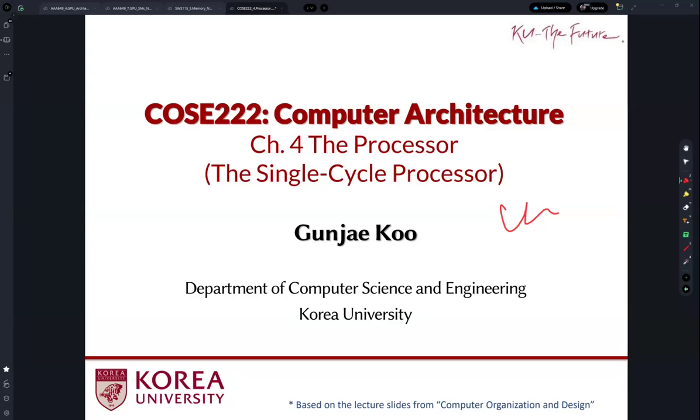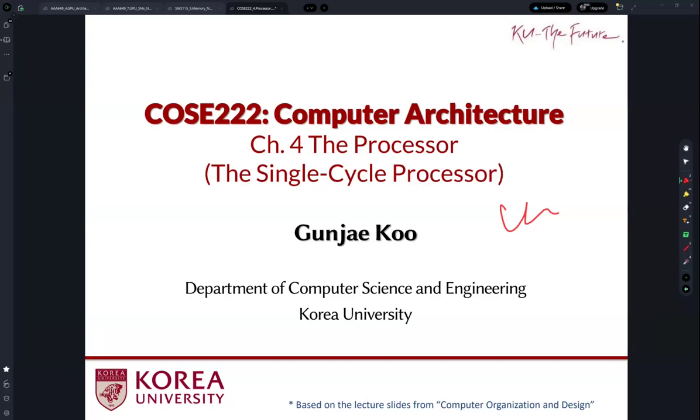In homework assignment number 2, you can find an instruction list. Like this, I will also provide the RISC-V instruction list. You don't need to memorize this information, like the instruction list or the encoding and decoding rules.